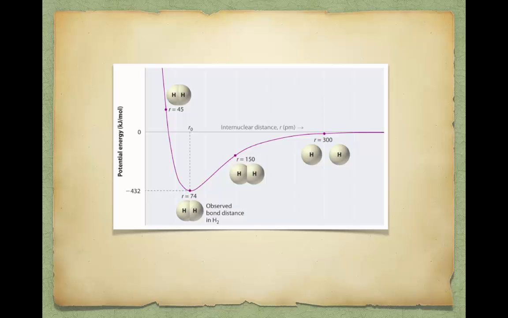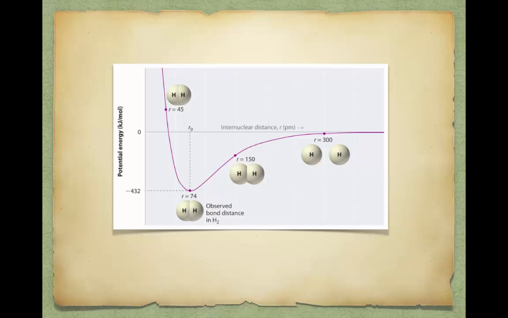There's a repulsion force. If it's below 0, that means there's an attractive force. So as you can notice, when your internuclear distance is 45, meaning your atoms are very close together, hydrogen atoms actually repel one another, and that's because their nuclei are too close together and positive charges repel each other.